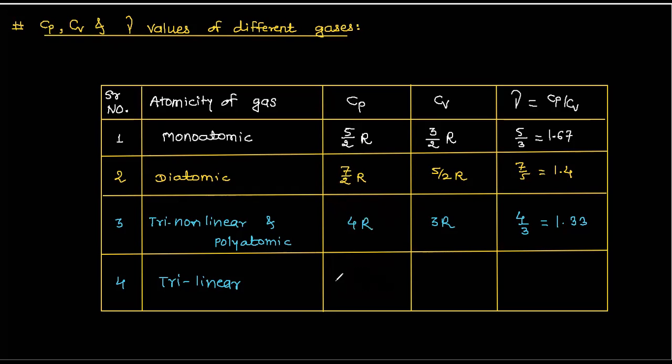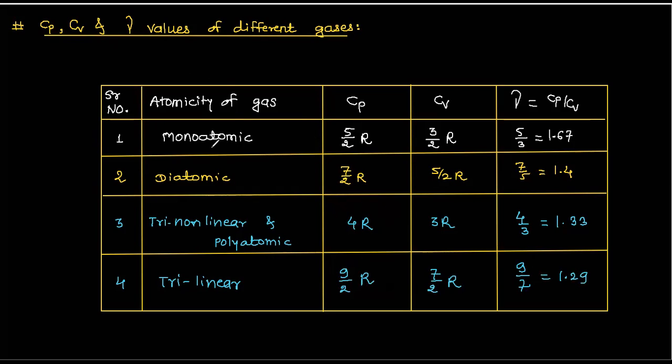Here it is 4R, and this one is 9 by 2R and 7 by 2R. This is 9 by 7, which is equal to 1.29.